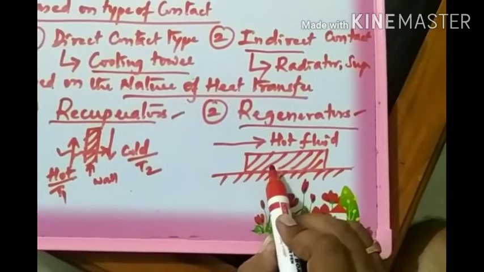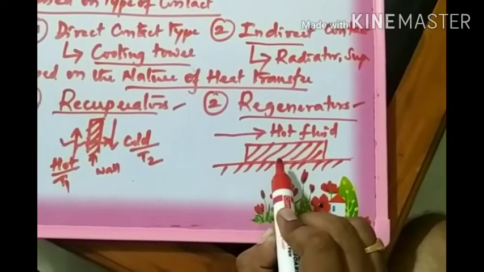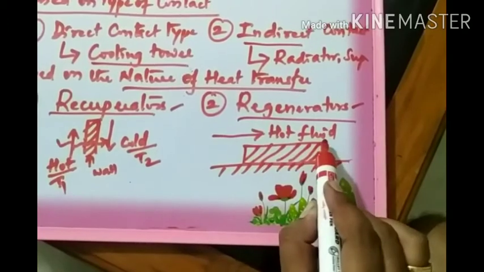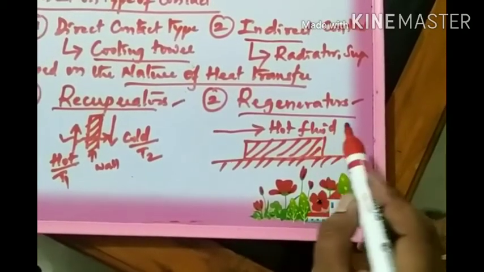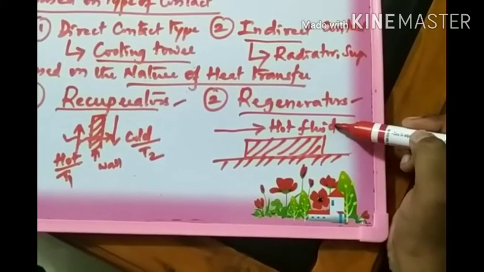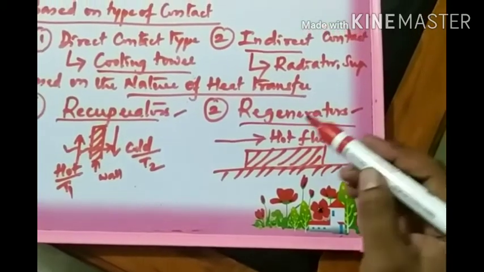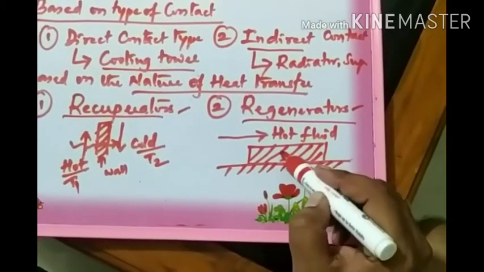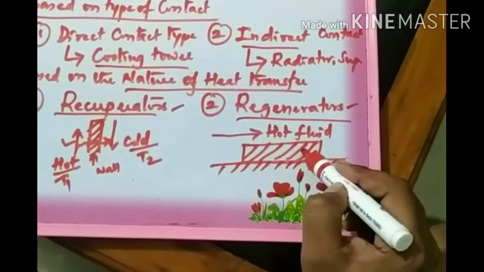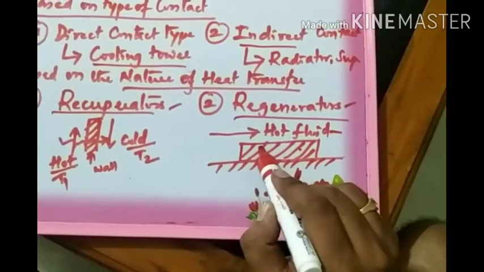There is a surface, a matrix material, over which initially I make the hot fluid flow. Whenever the fluid flows over this surface, since the fluid is hot in comparison with the matrix material, by convection heat is exchanged from the hot fluid to the surface. Thereby the fluid gets cold and the surface becomes hot.